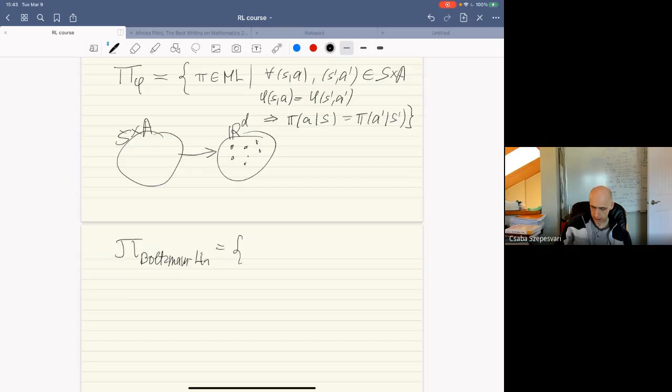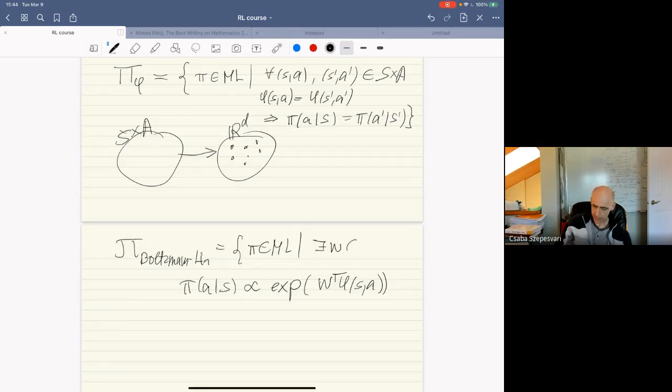where the policy is such that pi of A given S is proportional to the exponential function of W transpose phi(S, A). In the past I used theta, but why not change it?